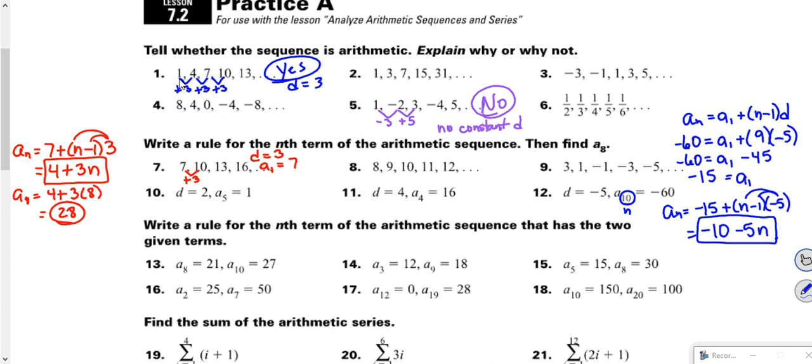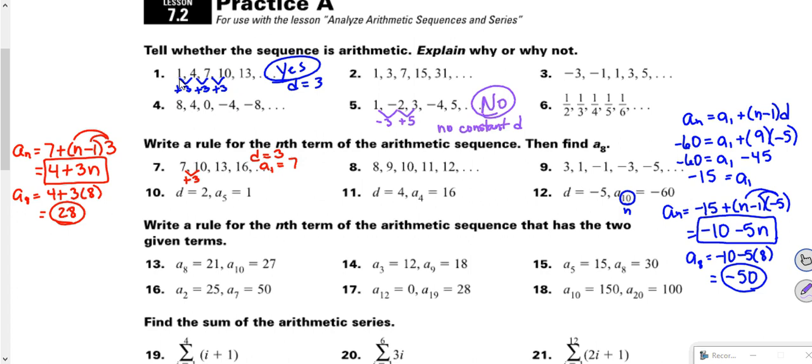And then my 8th term, A sub 8, would be -10 minus 5 times 8, which would be -50. -5 times 8 is -40, minus 10 is -50. So you kind of had to work backwards to get back to your first term. Hope that was helpful.